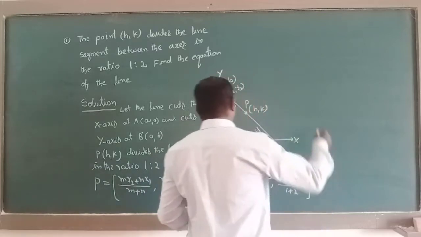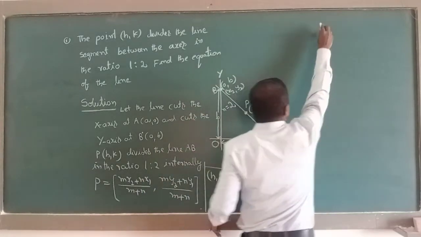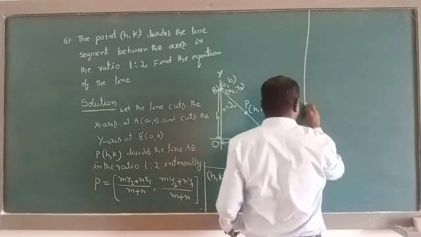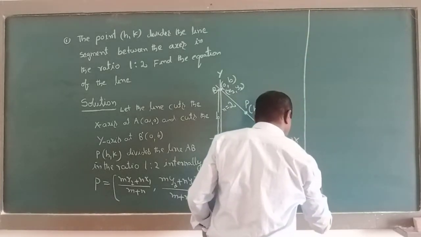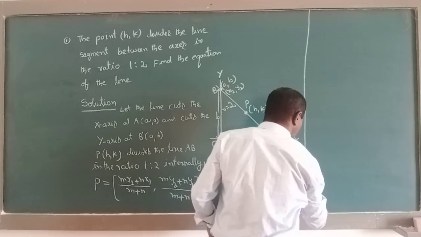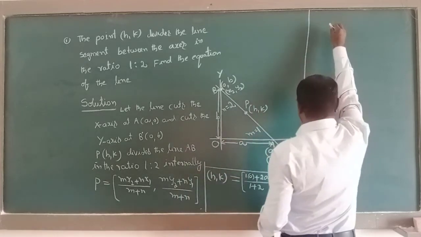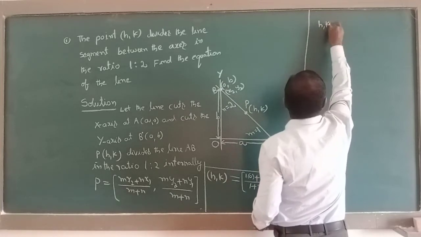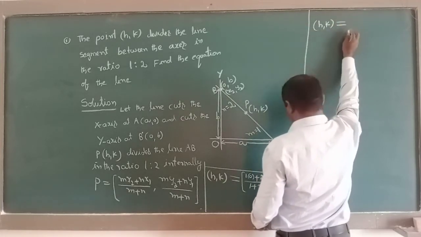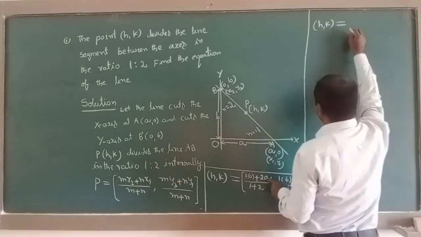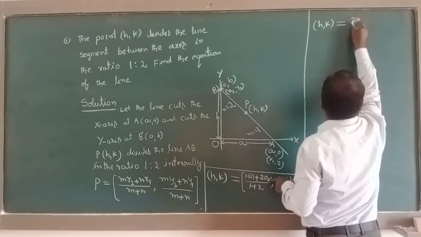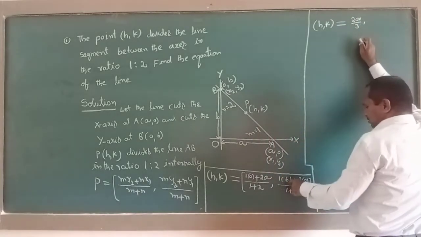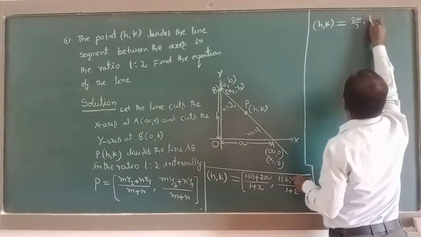Now h comma k is equal to, separate this first. h comma k is equal to 0 plus 2a whole divided by 3, comma b plus 2 into 0, that is b by 3.